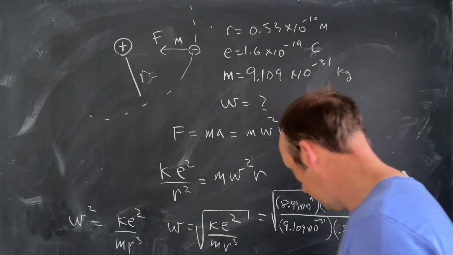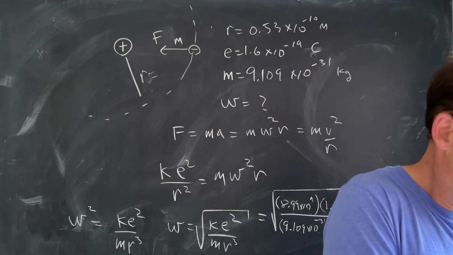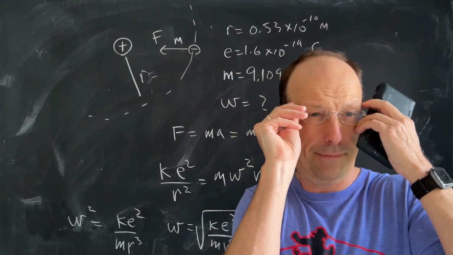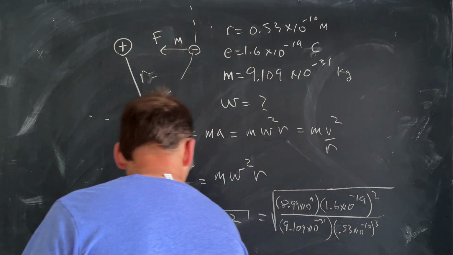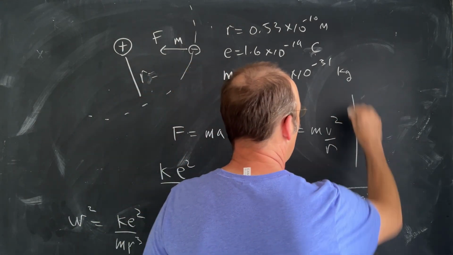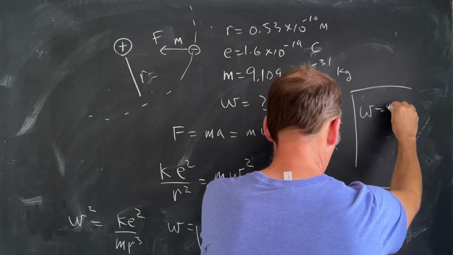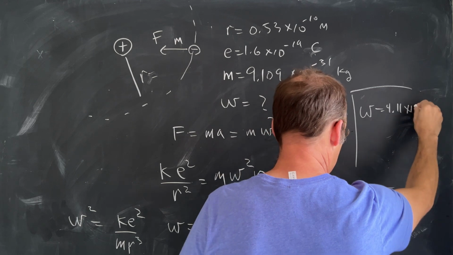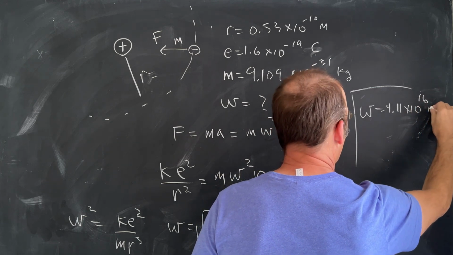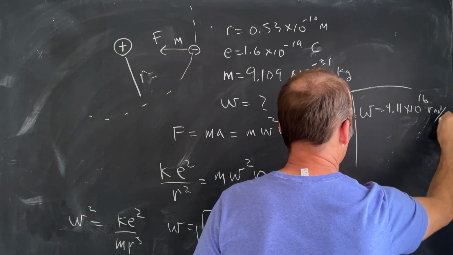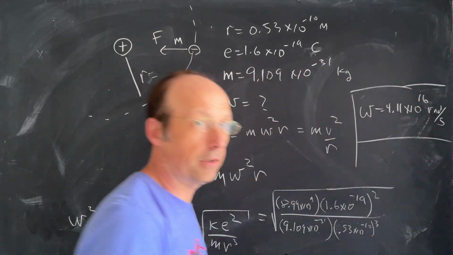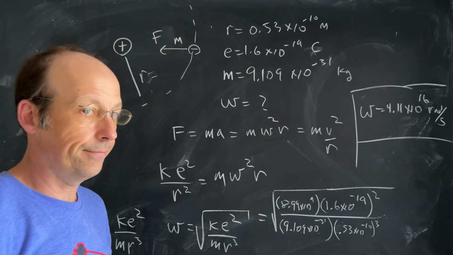And I get a number. I get omega 4.11 times 10 to the 16th radians per second, which is kind of crazy, but that's what you get.